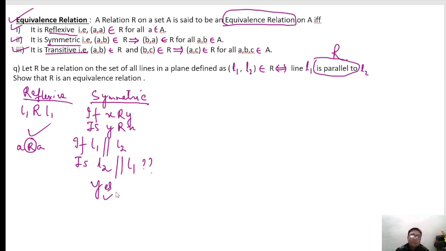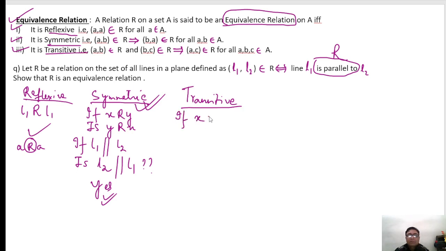Yes, valid. So it is symmetric. Now let's check the transitive condition. What is transitive?